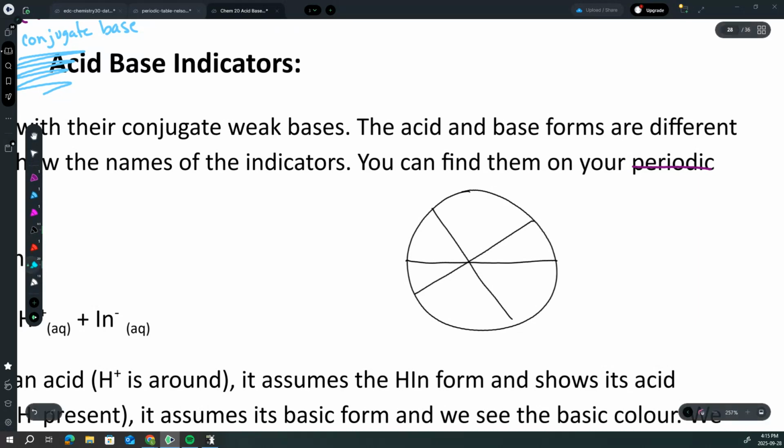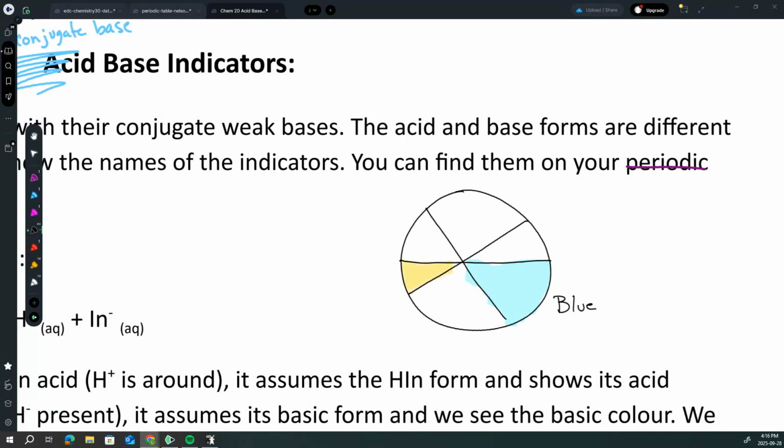First, I'm going to put in blue. And just in case there's anybody colorblind, I'm going to write the color beside where it is. Then let's go with our primary colors first, and we can fill in our secondary colors later. So here I'm going to put yellow. And then we're going to do red.